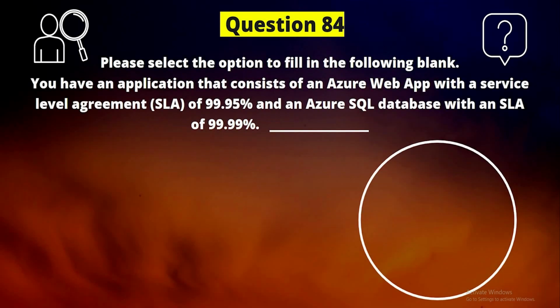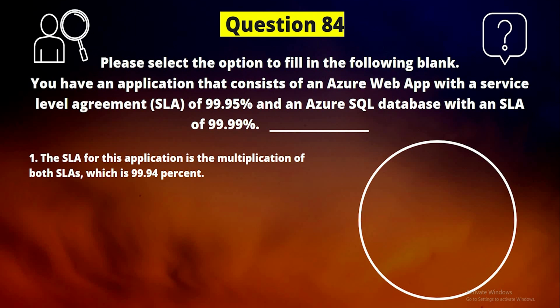Question 84. Please select the option to fill in the following blank. You have an application that consists of an Azure web app with a service level agreement of 99.95% and an Azure SQL database with an SLA of 99.99%. And the options are: Option 1. The SLA for this application is the multiplication of both SLAs, which is 99.94%.